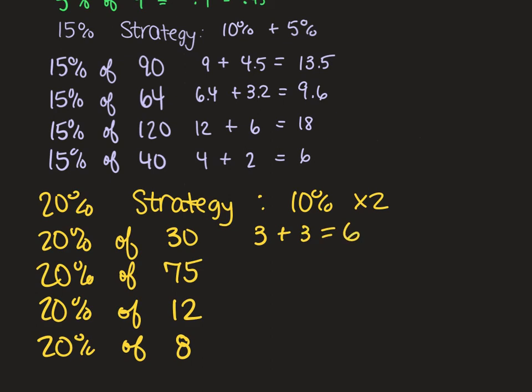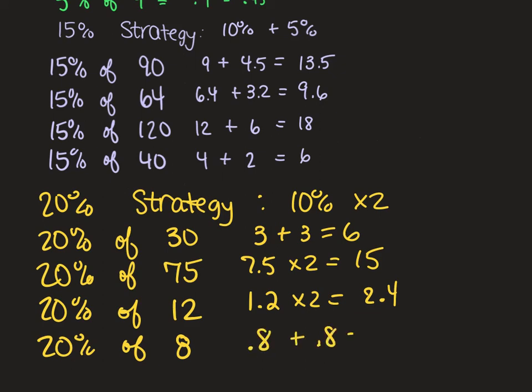Well, first we find 10% and then we double it and we get 15. 20% of 12. First we find 10%. Then we double it and we get 2.4. First we find 10% of 8 and then we double it and we get 1.6.